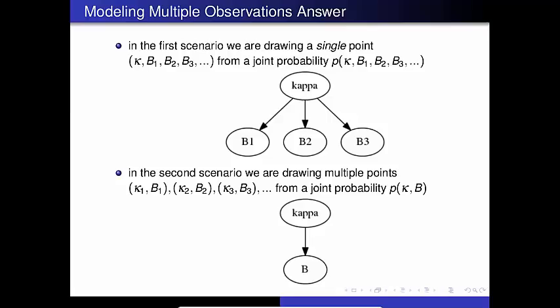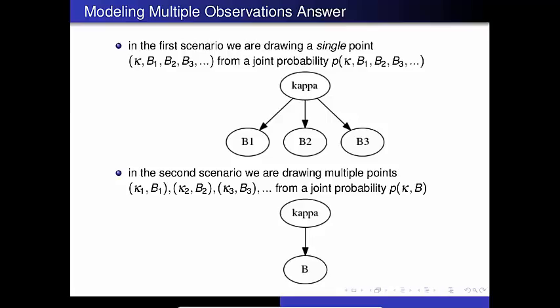Any questions about the difference between these two pictures? Question? So I guess the bottom one is kind of illusionary, that it is less complicated than the top one because you're actually doing two points to the bottom one. Let me see if I understand the question. You're saying it looks less complicated. Right.